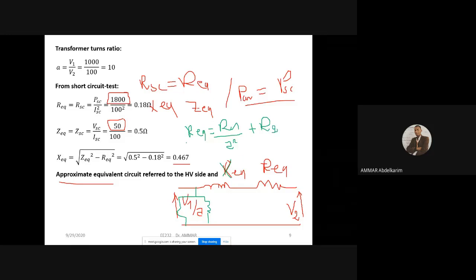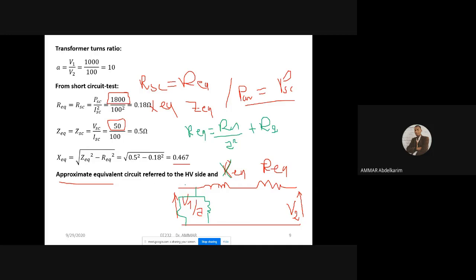We can do this addition only if we have an approximate equivalent circuit. If we have the exact equivalent circuit, we cannot. That's why mostly we work with the approximate equivalent circuit.